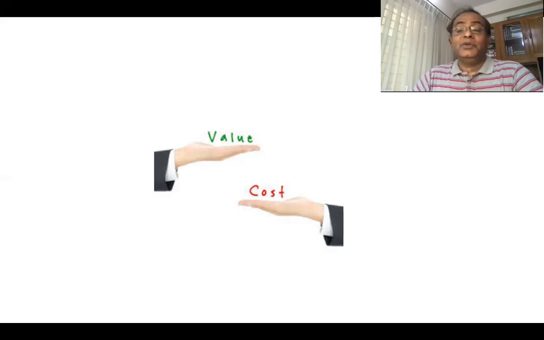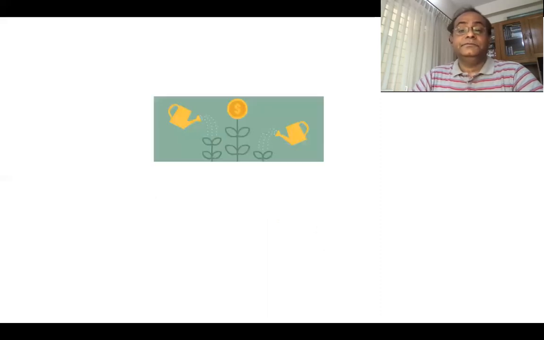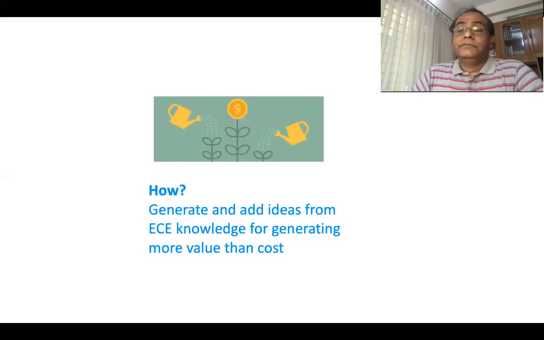But how are you going to address this apparent difference? In order to address it, we need to look for ideas so that consumers are going to get more value, and producers are going to get more value. That means the dollar grows for both the consumer and the producer.